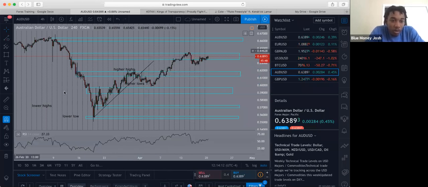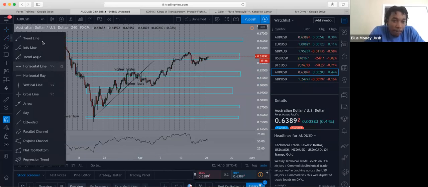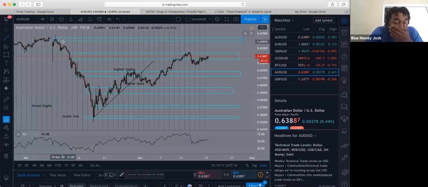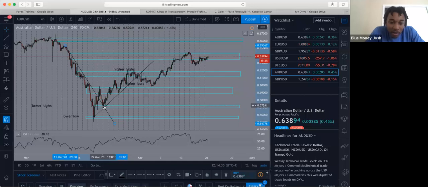Same thing with a downtrend. You can either do it above or sometimes below. For this case, I'm going to do it above. Same thing with this one. It touched every time it came back, touched, touched, and then it broke it and came back to touch it again.